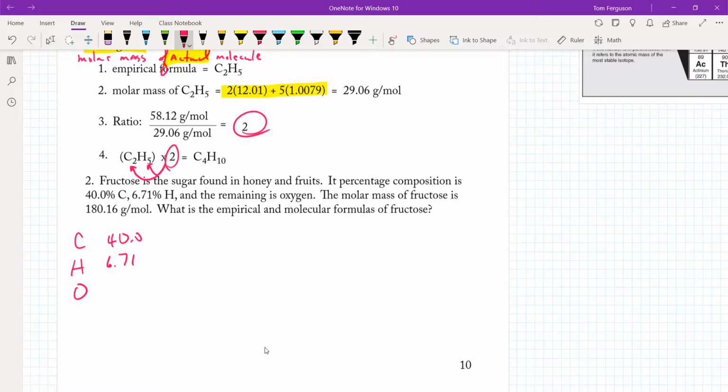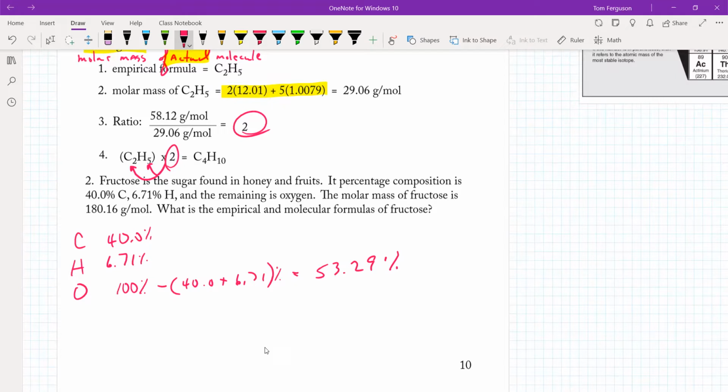Okay, that means we have to, this is going to be 100% minus 40 and 6.71. So basically 100 minus the sum of those two. Okay, so that's 53.29%.